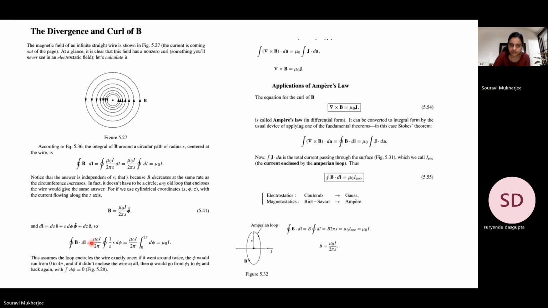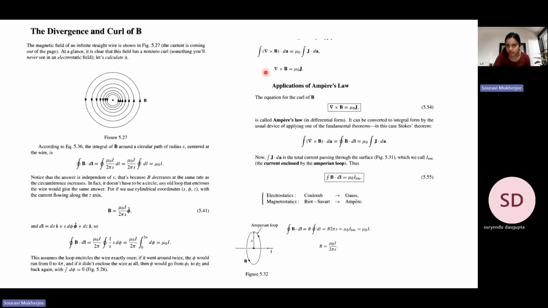Okay, this will hold. So again, you can use the divergence theorem and rewrite Stokes' theorem, going from the line integral to a surface integral. If you do a surface integral, you can write the current as J dA. So basically, now you can get a relation between the curl of B and the volume current density.